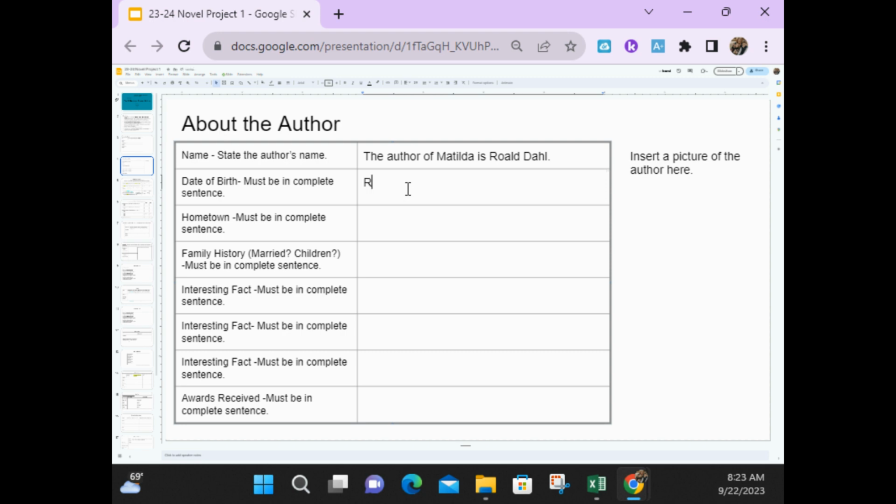Roald Dahl was born on September 5th, 2023. Now, that is obviously not correct. Roald Dahl was born and raised in the United Kingdom.